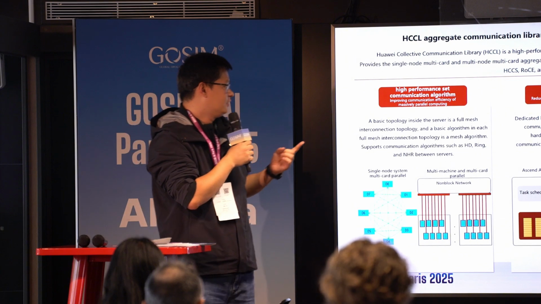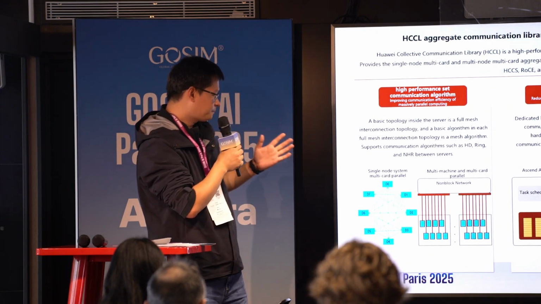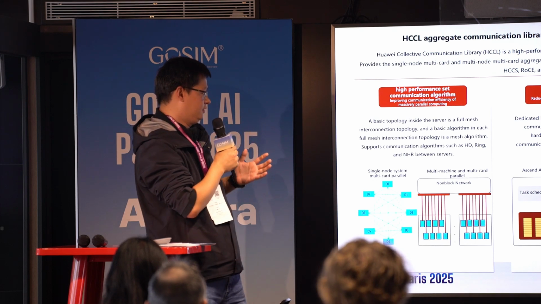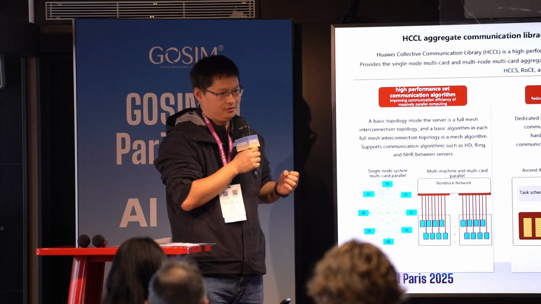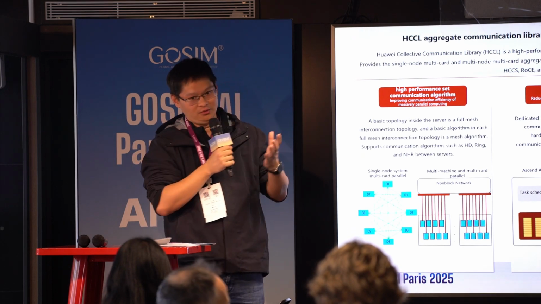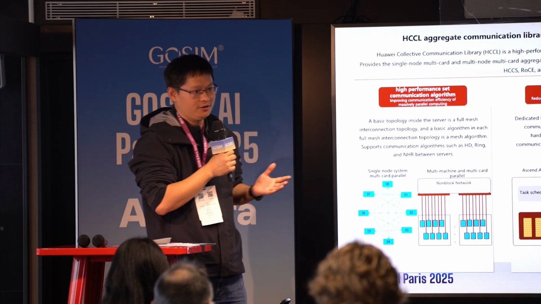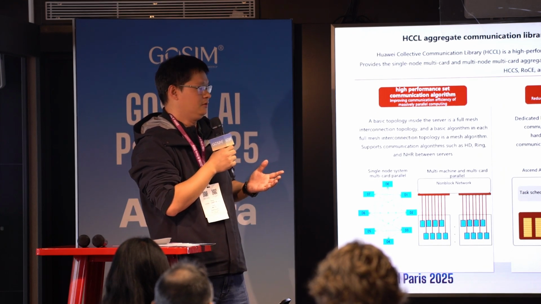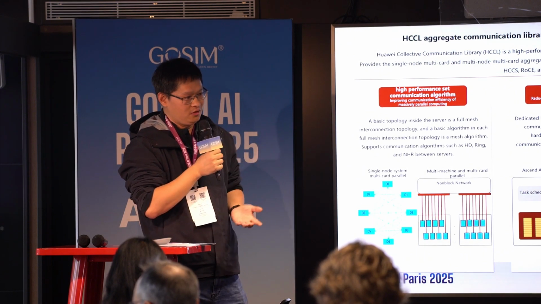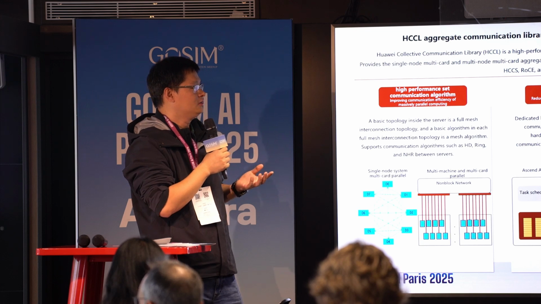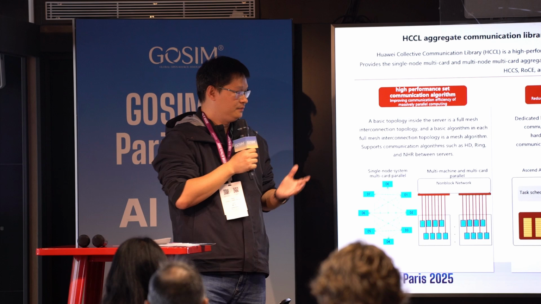So there's a way to speed it up, to run calculations and communications in parallel, so that communications don't need to wait for calculations, and all the computer resources, all the network, can be filled up fully.